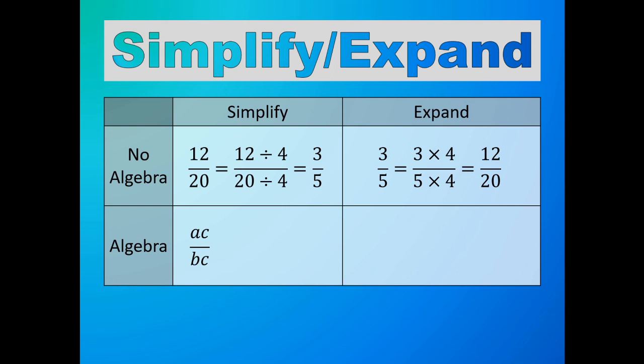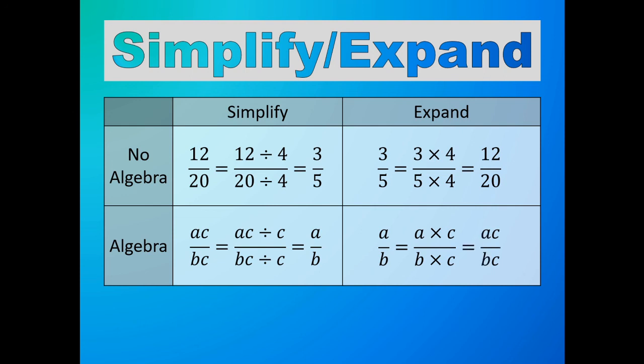Let's now talk about these ideas by using algebra. AC over BC. We can divide both the numerator and denominator by C, and we end up with A over B. To expand A over B, we can multiply both the numerator and denominator by C. Now, A times C is normally written as AC, and B times C is normally written as BC.